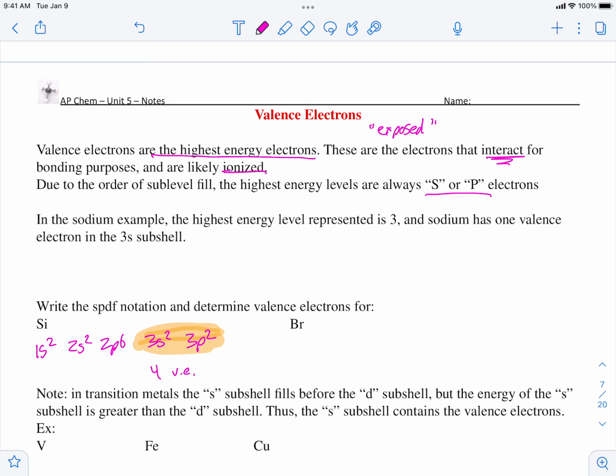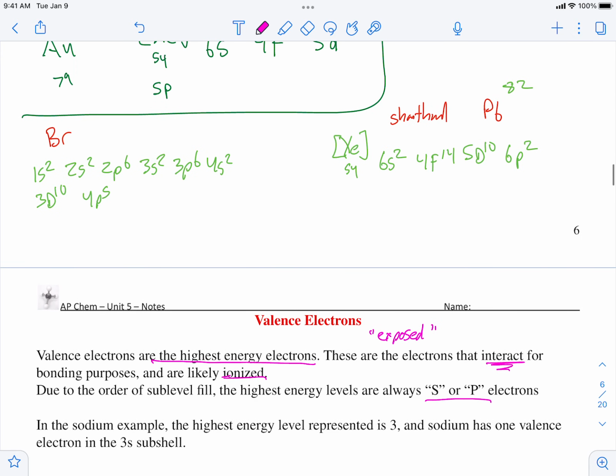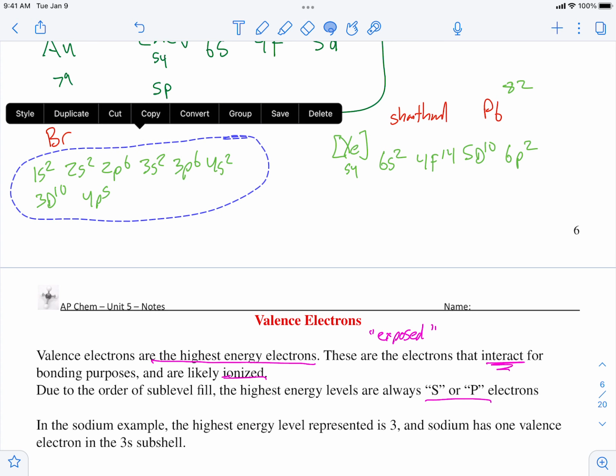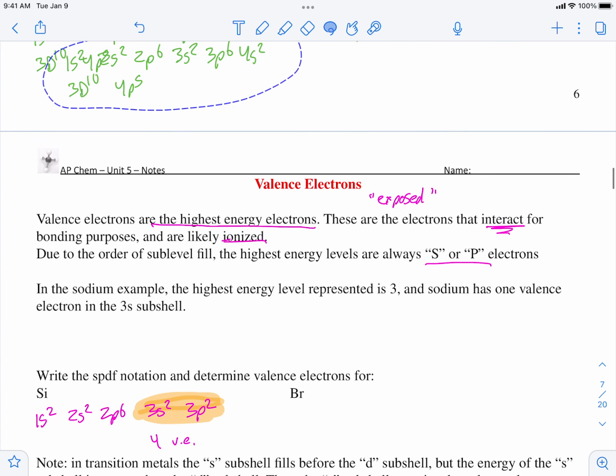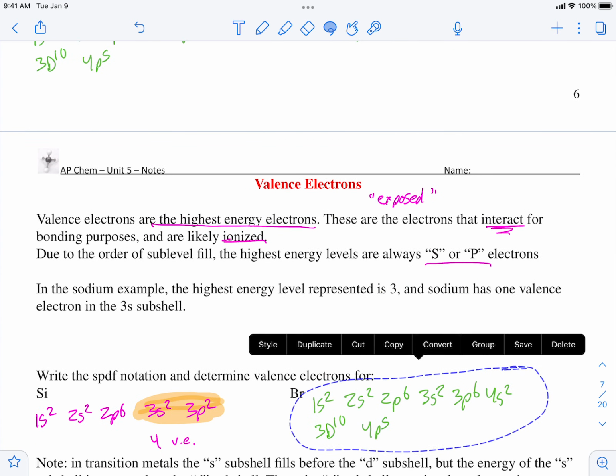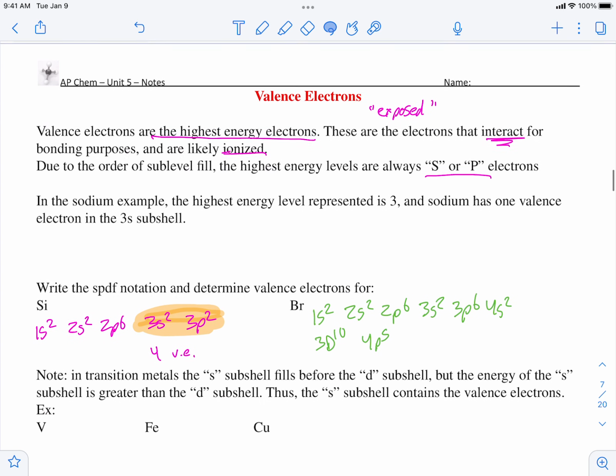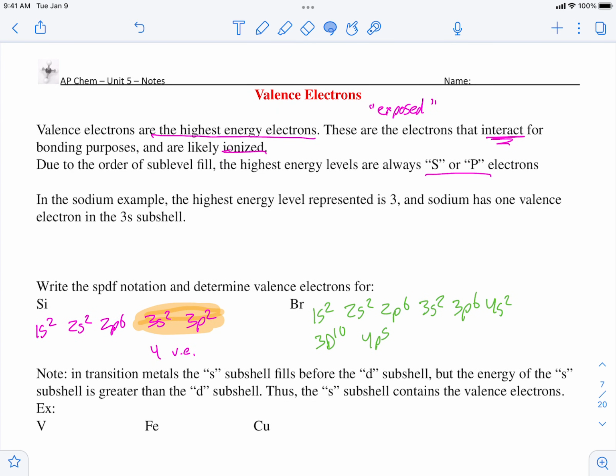For bromine, which we'll just copy and paste. What is the highest energy level shown? 4.